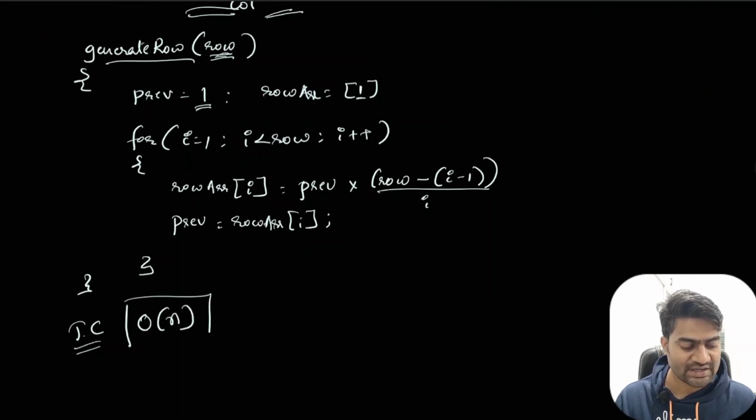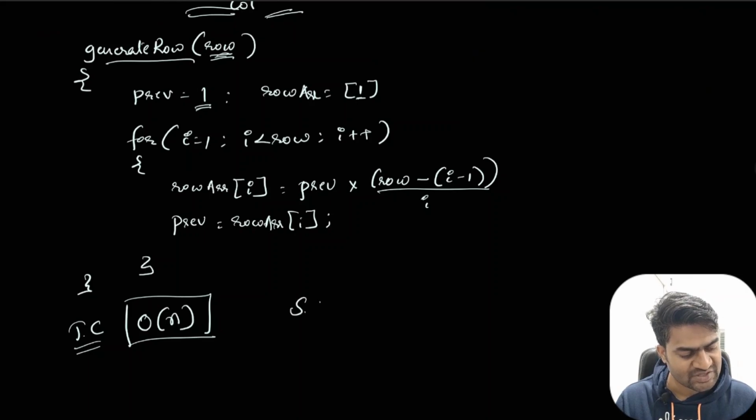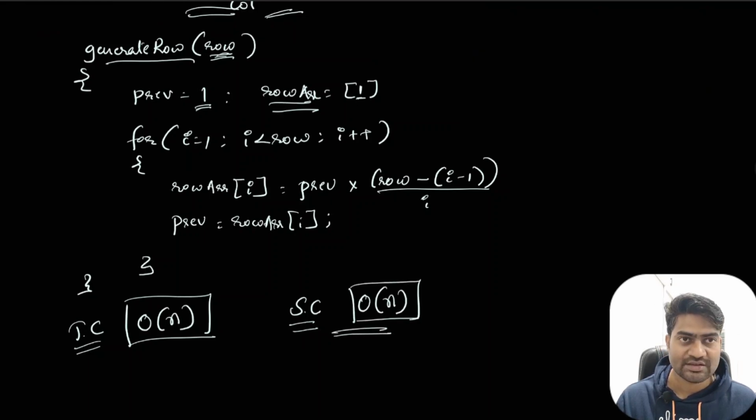It is not order n square because we are not trying to generate the entire Pascal triangle. We are only trying to generate one row. And for the space complexity, we are using this extra array, which can be of order n. So this is the time and space complexity.